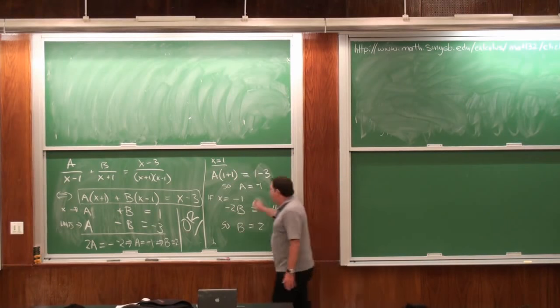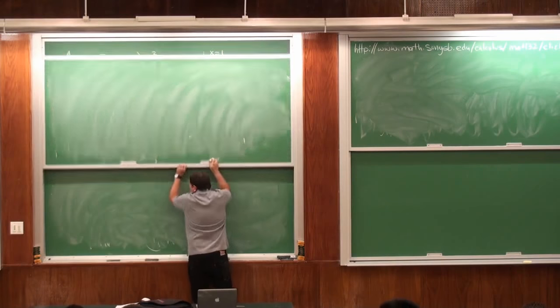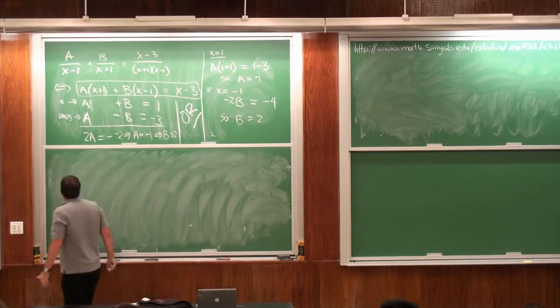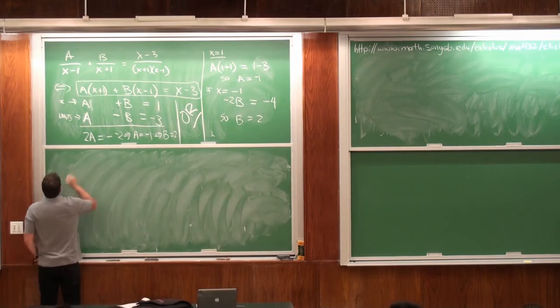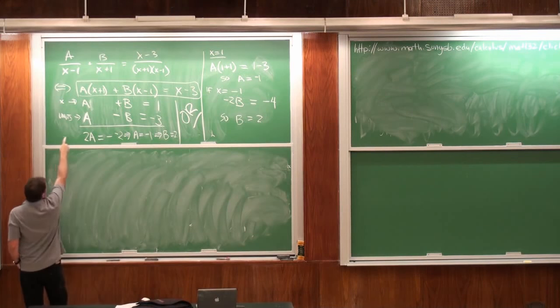All right, but in both cases, we wind up with something fairly easy. So that tells me that a is negative 1 and b is 2.